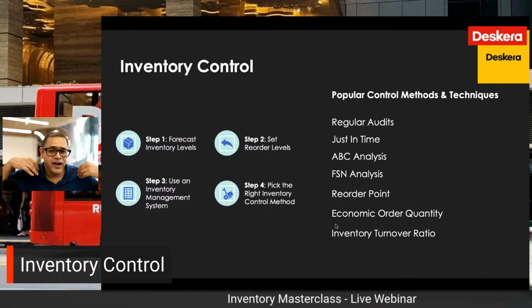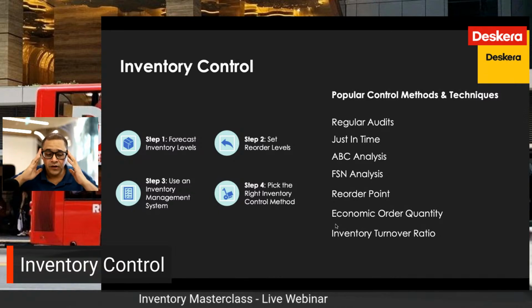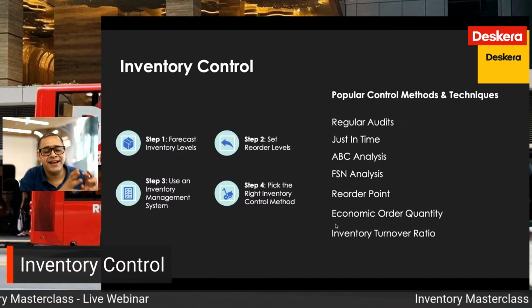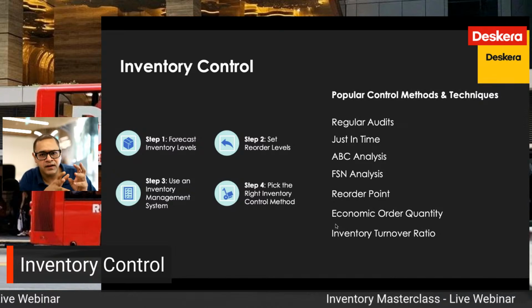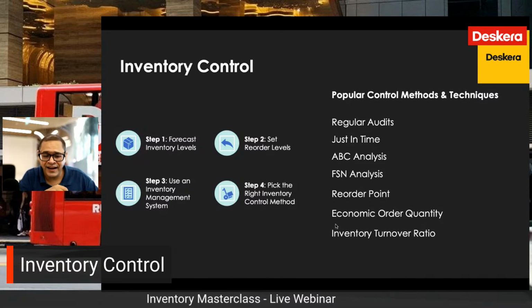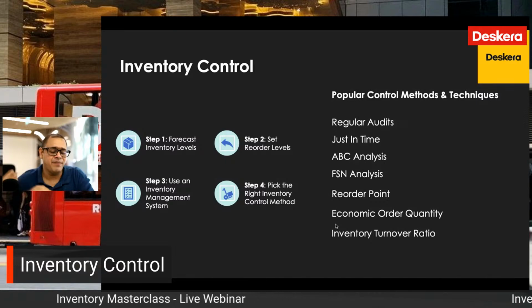And you can take steps to control the inventory levels and the amount of money that you're spending on getting inventory, storing inventory, shipping it, and so on.